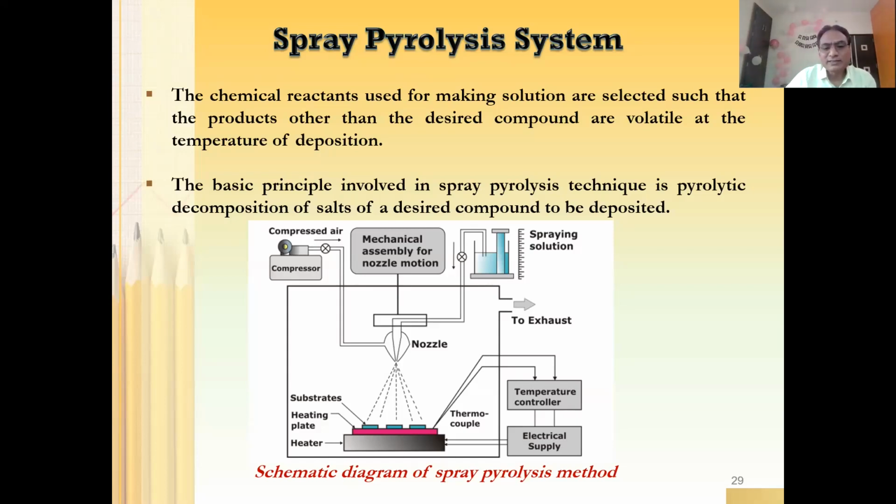Since we have a temperature, you need a temperature controller, because without it would be really difficult to control the temperature. This is the nozzle, right? This is the beaker in which you are going to have the spraying solution, and this is a mechanical gauge which will be responsible for closing on and closing off this tube of spray solution.